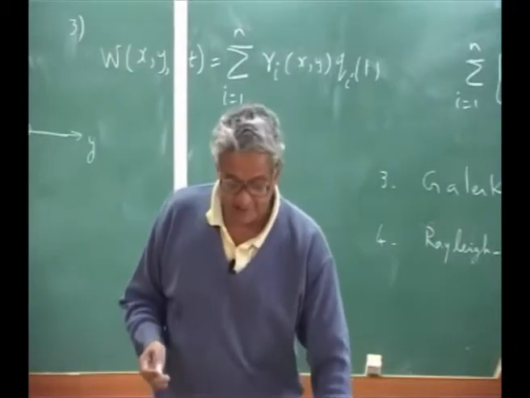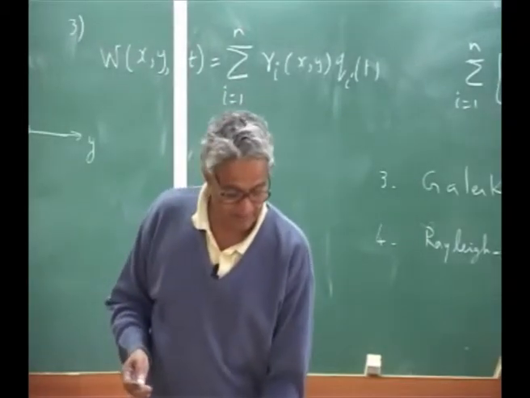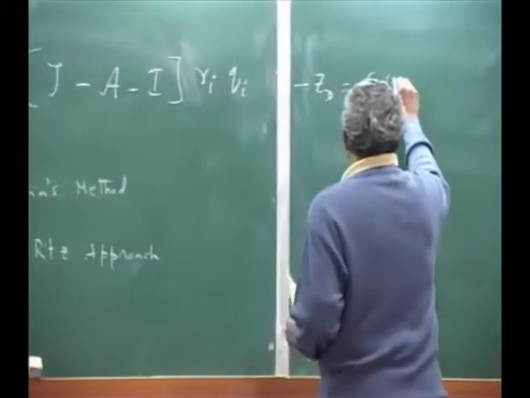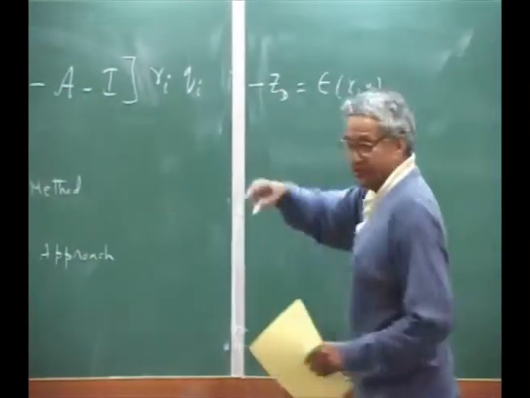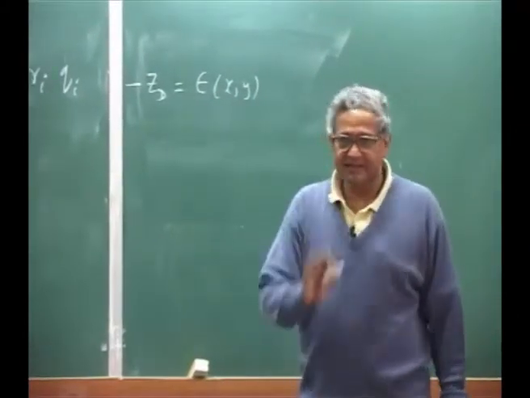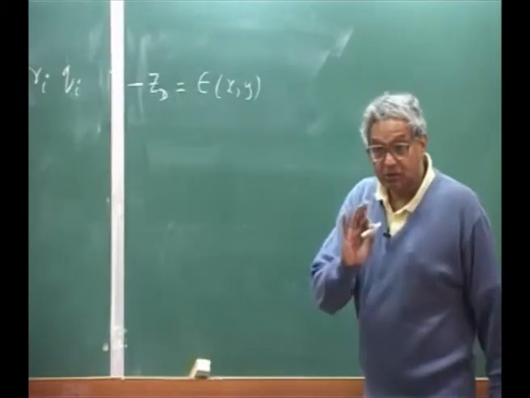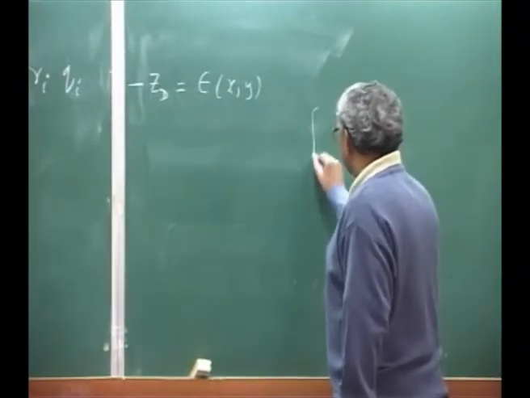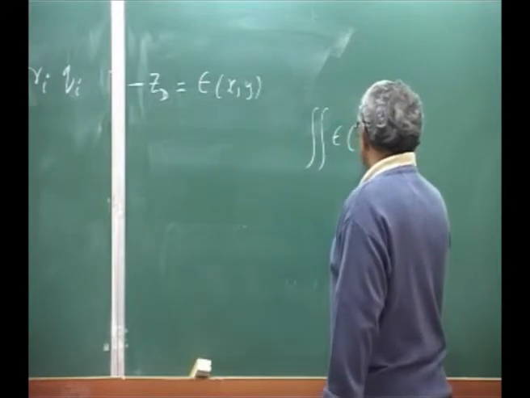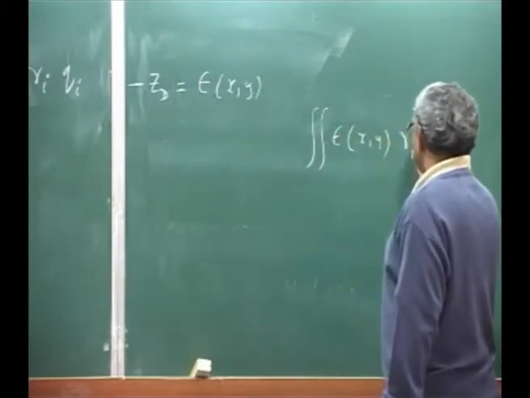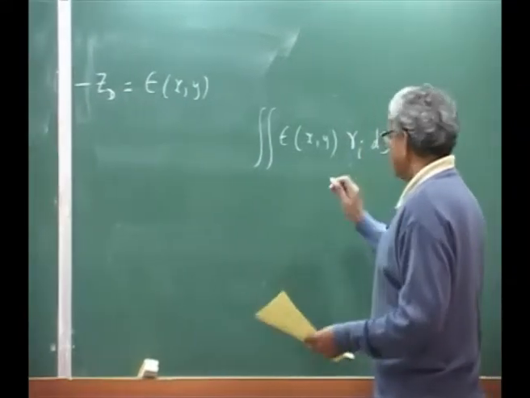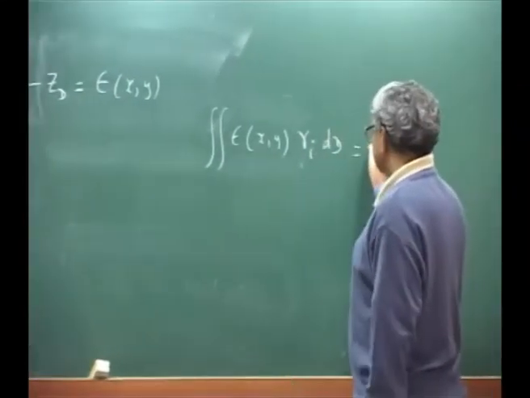What he did was, in the Galerkin technique itself, he said that this is a function of x comma y, because at every point you will have an error. Okay. He said the error is orthogonal to, that means, error x comma y gamma i d domain, equal to zero.